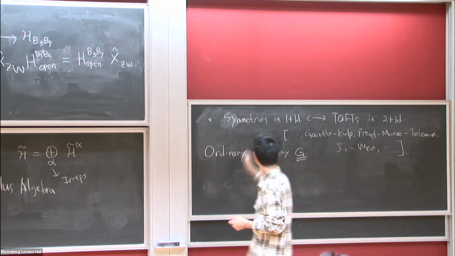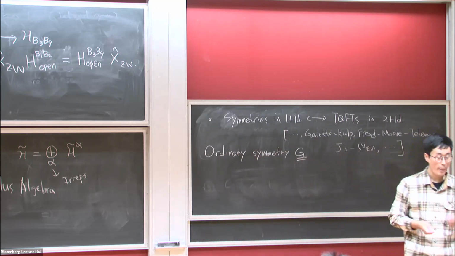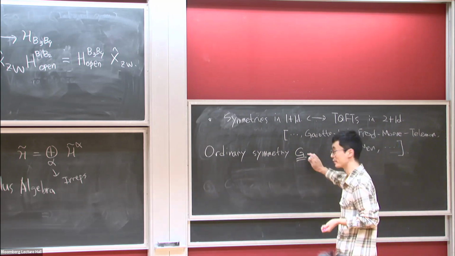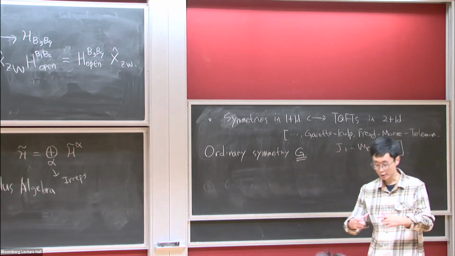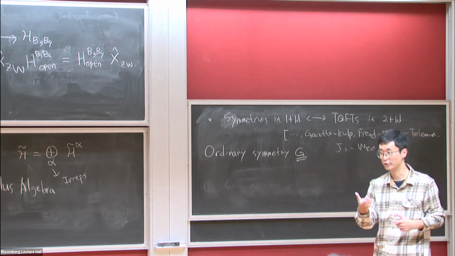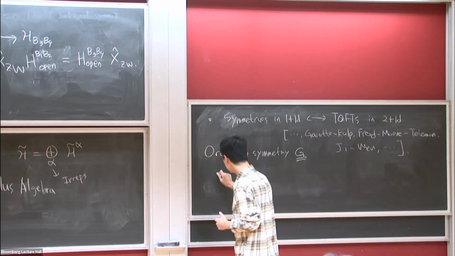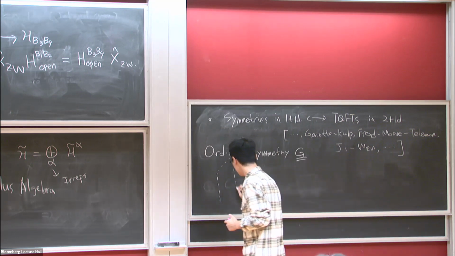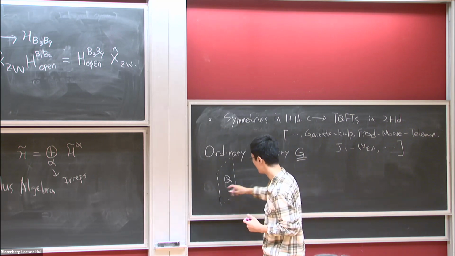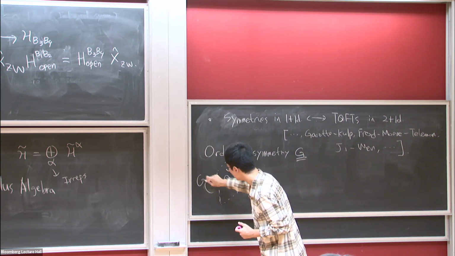The claim, this relation, is that whenever you have a 1+1D theory with a finite group symmetry G, you can think of it as a dimensional reduction of a 2+1D TQFT on an interval. Let's say you have a theory Q. This is a 1+1D theory with, let's say, G symmetry.